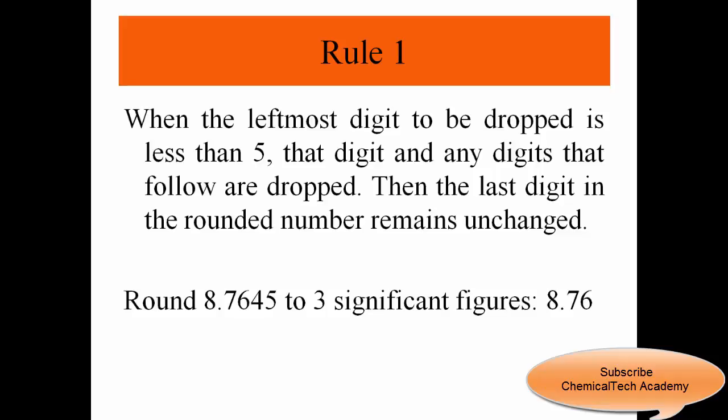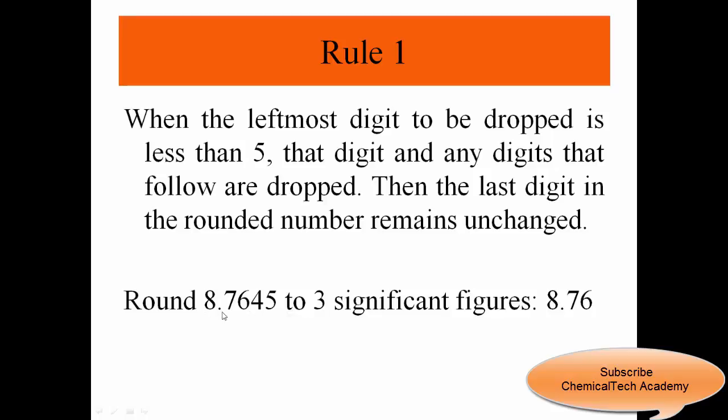Rule 1. When the leftmost digit to be dropped is less than 5, that digit and any other digits that follow are dropped. Then the last digit in the rounded number remains unchanged. For example, if we have the number 8.7645, we need to round it to 3 significant figures.